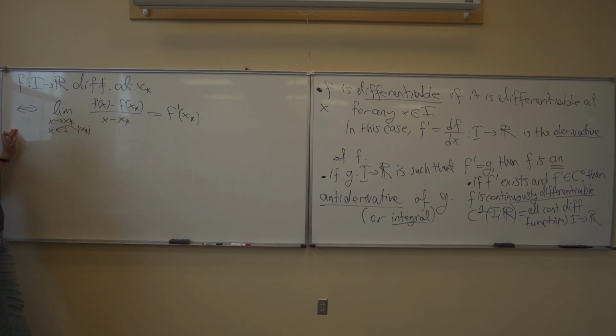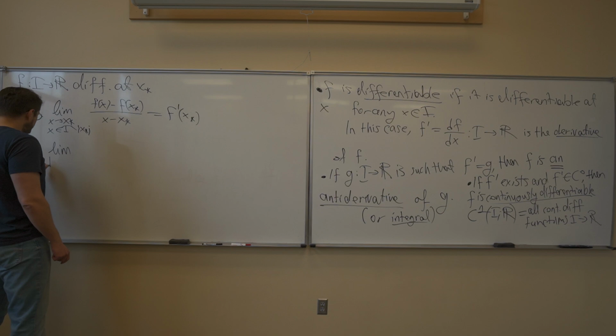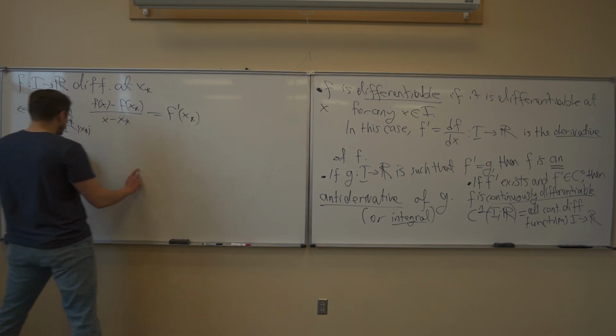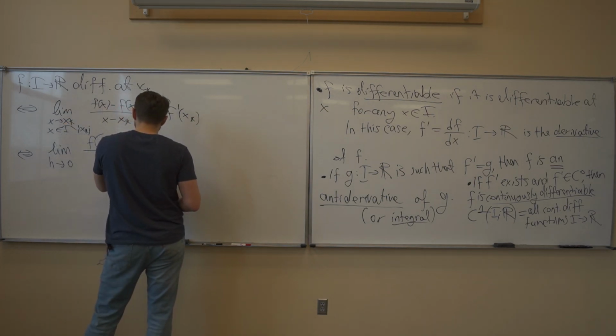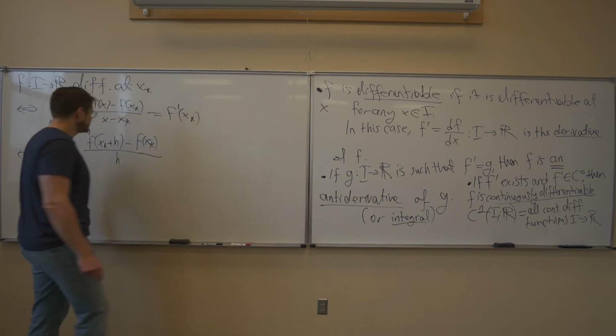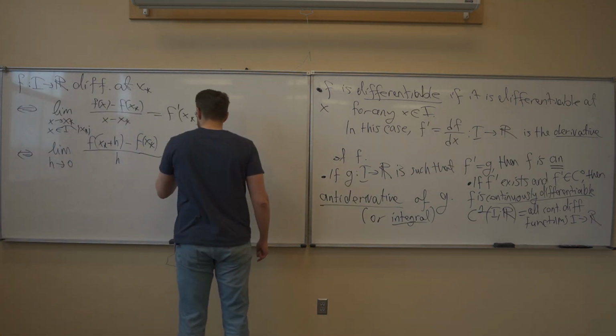In this case, the interval I has addition on it. So instead of saying x goes to x star, I can take an h. That's a familiar form of this. So I can write it like so: the limit as h goes to 0 of f of x star plus h minus f of x star, divided by h, equals f prime of x star.